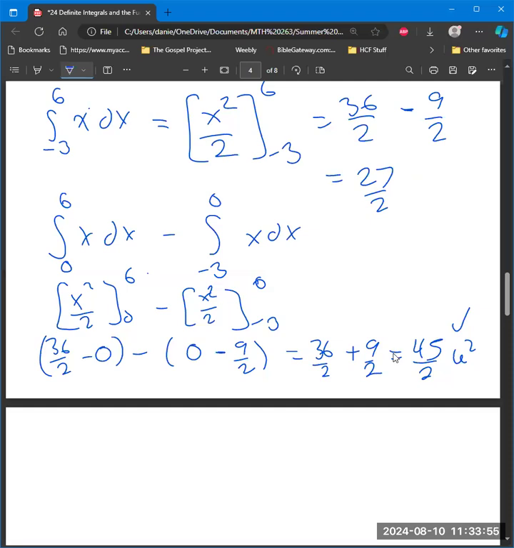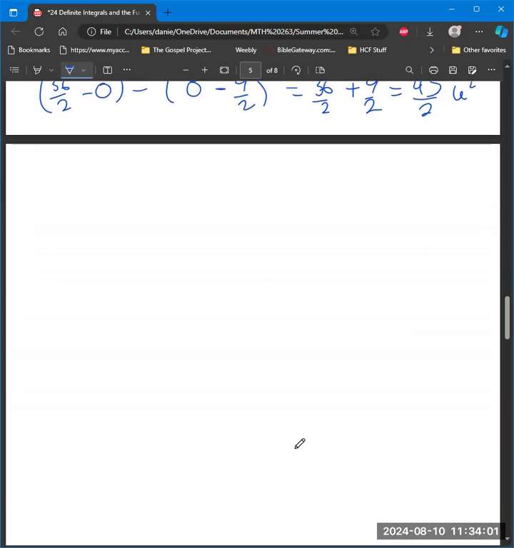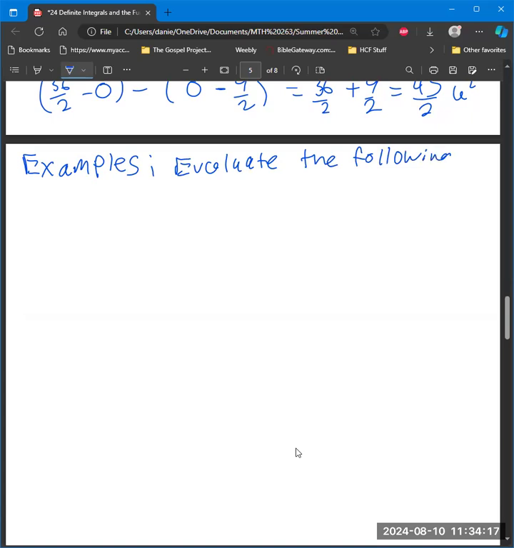So let's go ahead and evaluate the following definite integrals.